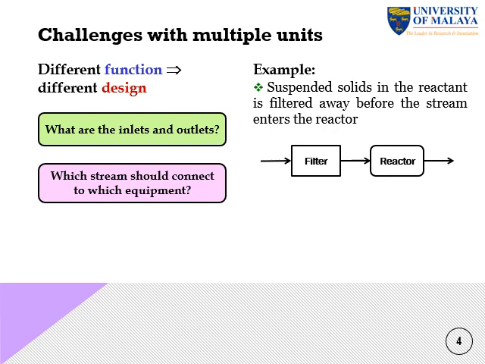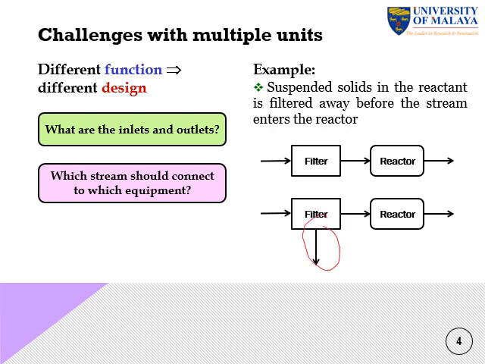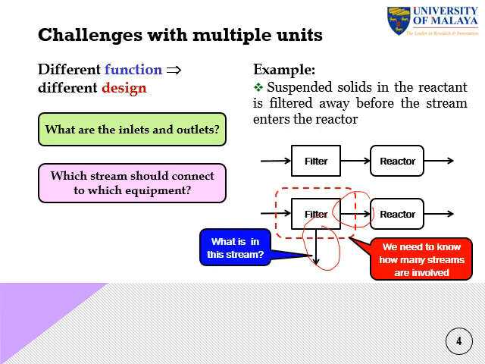But is this block diagram enough here? So you have to think. It's not. The filter needs to have an additional outlet, not just one outlet, to filter out whatever is not wanted before entering the reactor. So you need to know how many streams are involved and what would be in each stream.